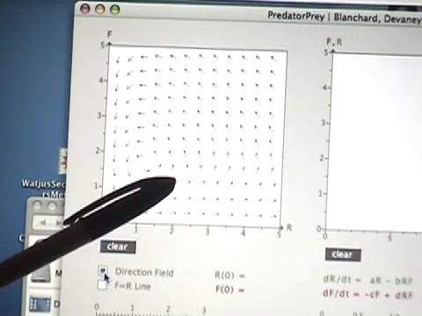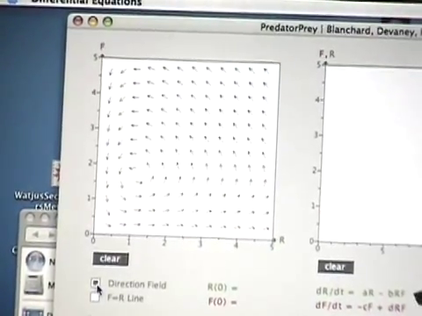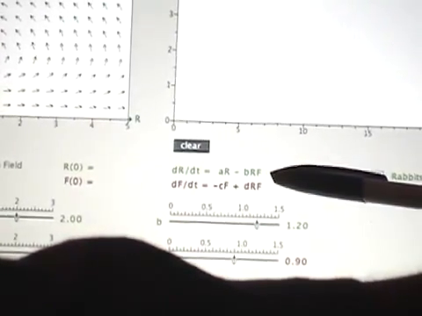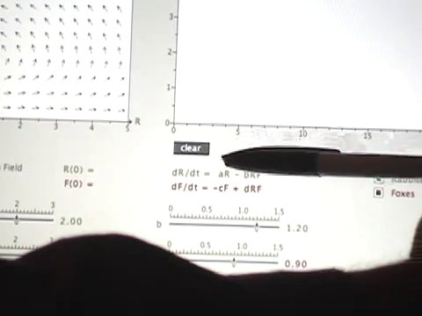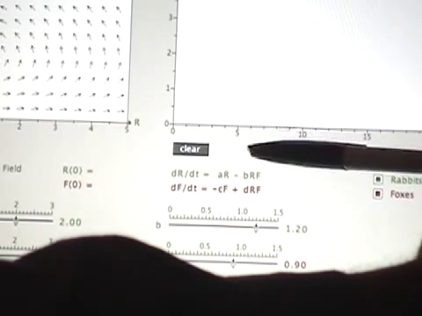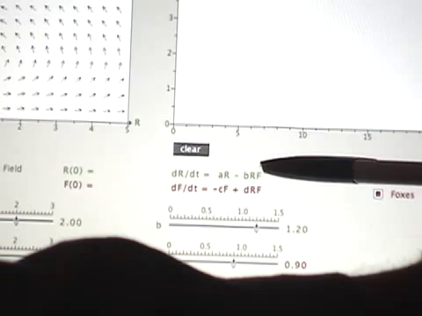When r equals 2 and f equals 1, thinking about the right-hand sides here, look at the equations there. A is 2, B is 1.2. If r is 2, we get 2 times 2 is 4, minus 1.2 times 2 times 1.